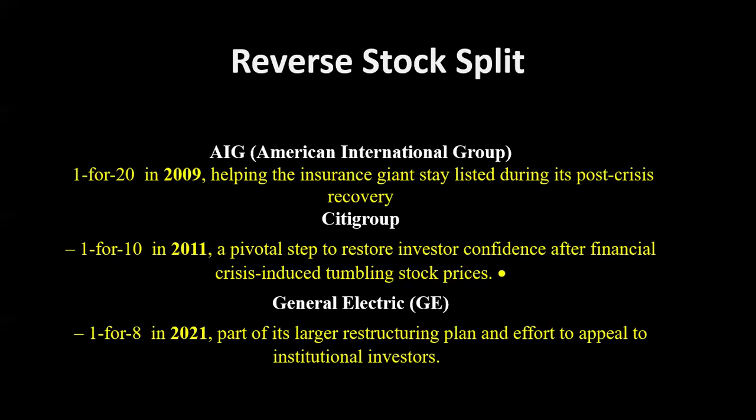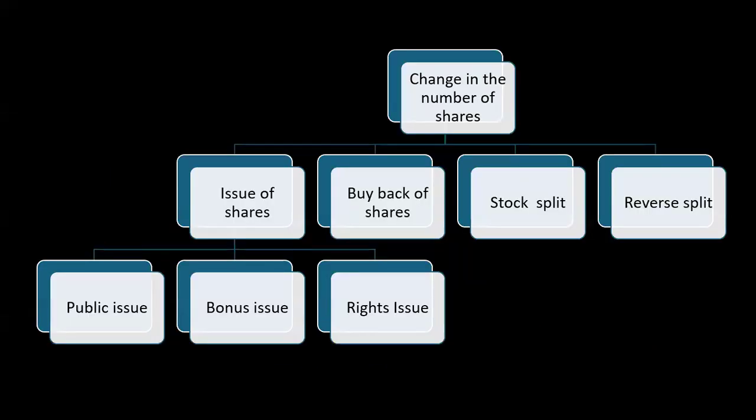Whether reverse split or stock split, there are no cash flows. So to summarize, the number of shares can be changed in a number of ways. It can be increased through issue of shares. It can be decreased through buyback of shares. But in most of these cases, there is an actual cash flow, except the bonus issue. But in reverse split and stock split, the number of shares changes through the change in the face value per share.